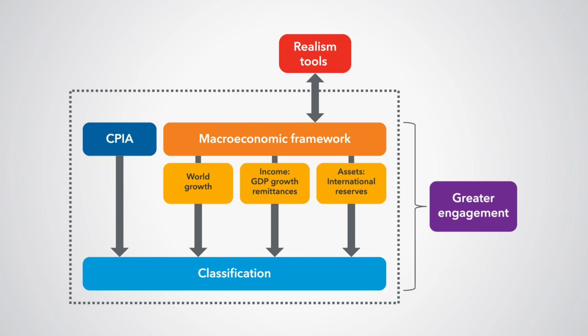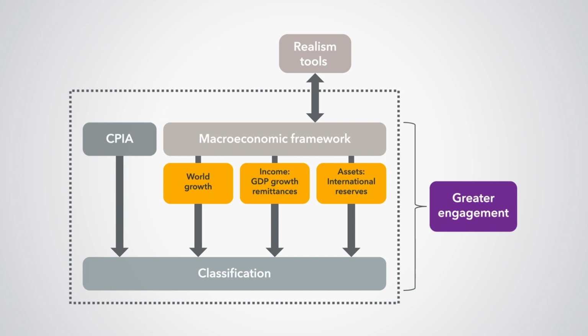In the 2017 review of the LIC DSF, it was recognized that on top of the CPIA rating, additional factors that affect a country's capacity to handle debt burden should be included in assessing debt carrying capacity. 3 additional factors were added as determinants of the debt carrying capacity.